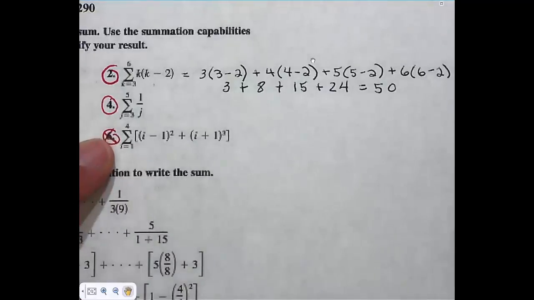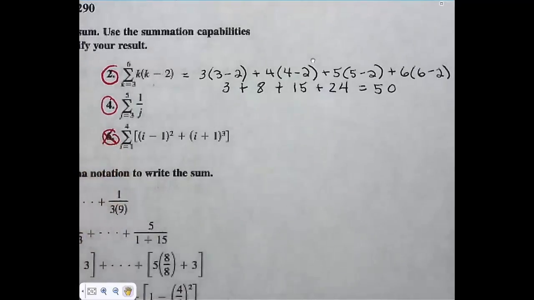See if you can get number 4 real quick. Our index of summation is j. We're supposed to sum up 1 over j from j equals 3 to j equals 5.